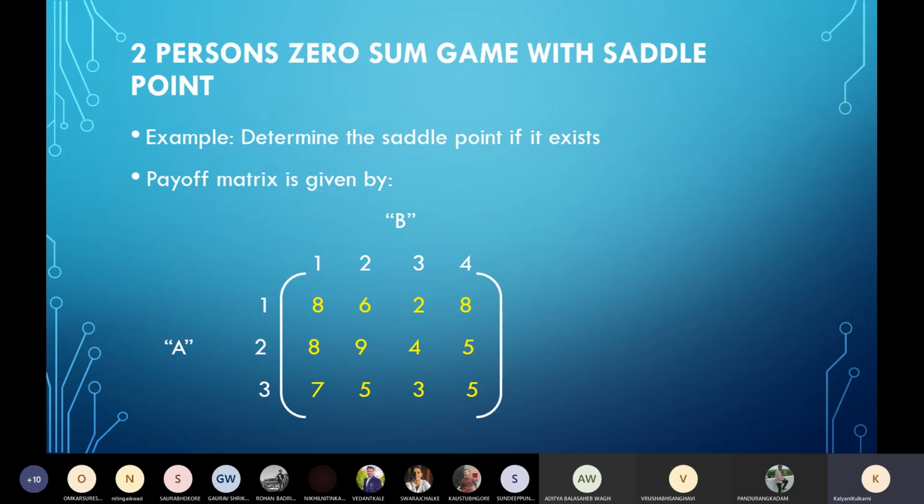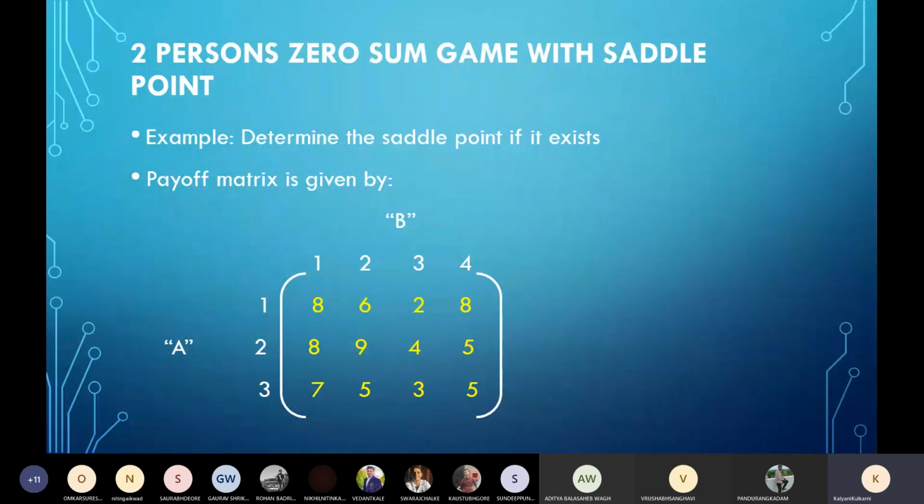Then you have to solve the given matrix of any order. You have to convert it into a 2 by 2 matrix, and then solve it to get the value of the game. This is the entire procedure. Before that, we are going to see what a saddle point is, which we have already seen in the last lecture. It will be just a revision.